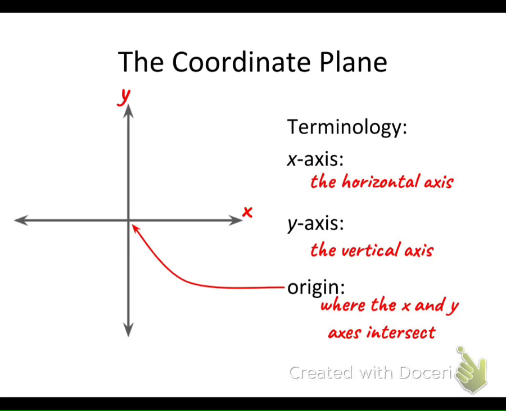Then on the right side, x-axis is the horizontal, y-axis the vertical, and then the origin is where the x and the y intersect. And then you might want to draw a line, like I did on my note sheet, to identify where the origin is. You're going to have to remember that word because every time we go to graph, I'm going to ask you, where do I start? And every single time, you're going to tell me to start at the origin.